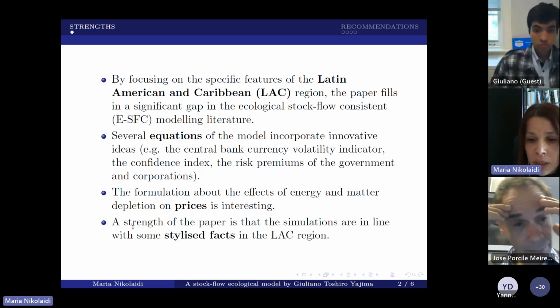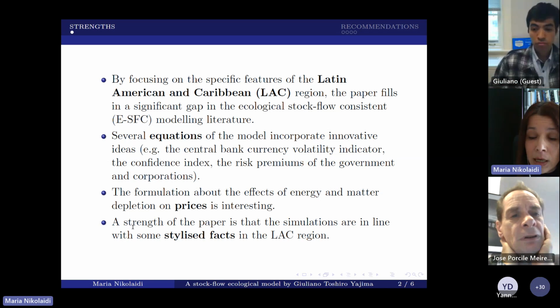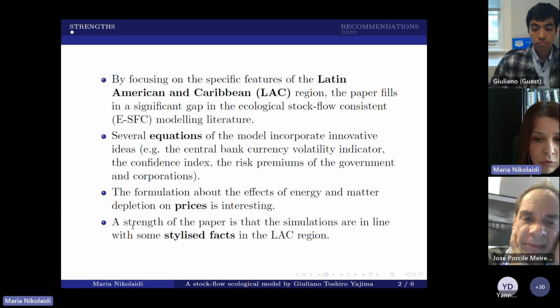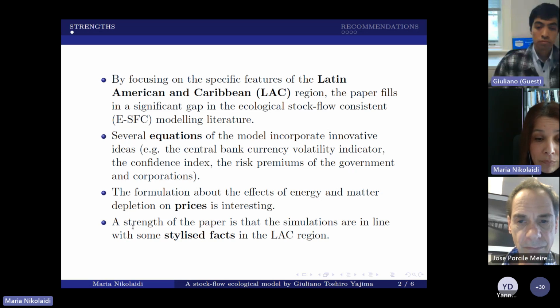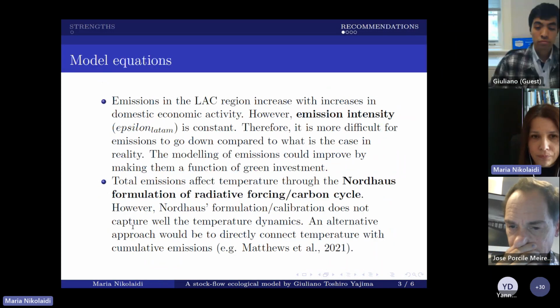We know that there is an ongoing discussion about the transition to a low carbon economy, and whether this transition requires a lot of material, and some of this material might be depleted. So I really look forward to the results that you will have on this in particular. And lastly, one of the other things that I liked was that you want to replicate some of the stylized facts for the Latin American and Caribbean region.